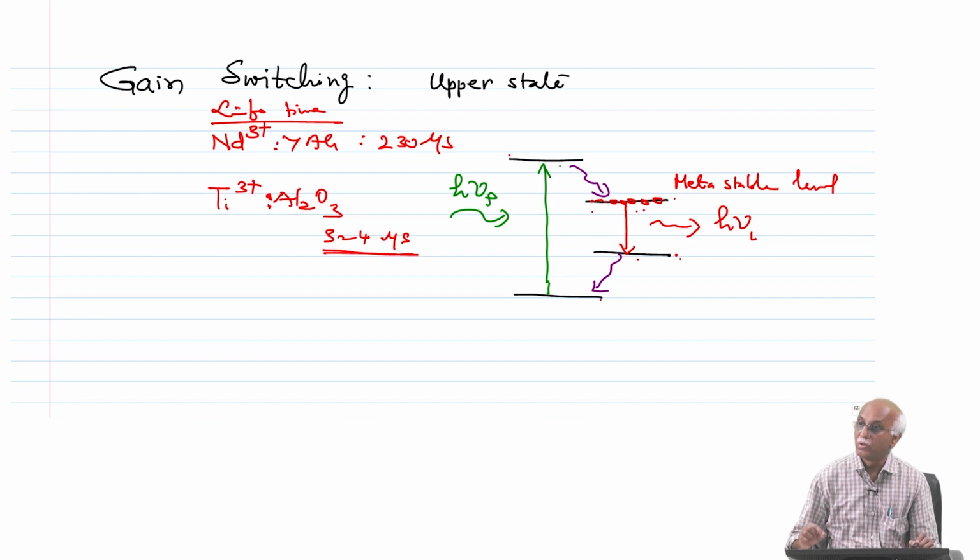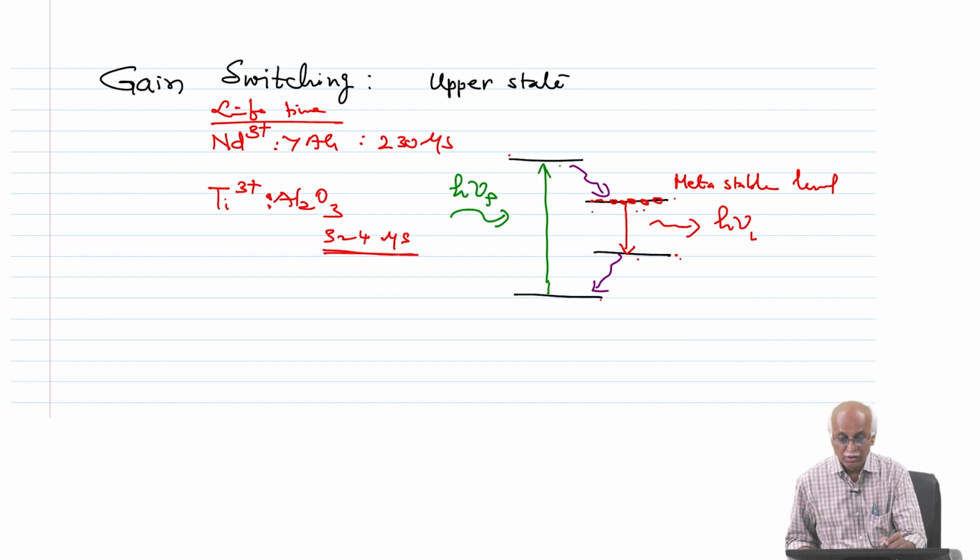It's very small, a shorter lifetime. If the lifetime is shorter, it means that Q switching becomes quite difficult to operate. Within this lifetime, Q switching has to be operated; only then will the quality factor change and a narrow pulse laser output be achieved. But since the lifetime is quite short, it becomes quite challenging in terms of Q switching output.